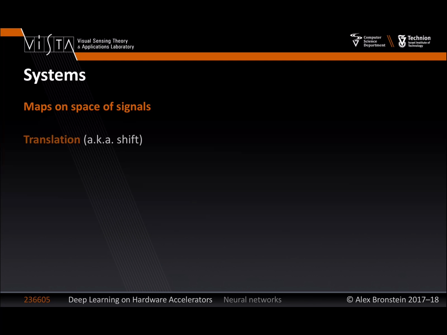Okay. So, for example, a very simple system that I can think about is just a delay or a translation in general. So, a translation I will denote by this operator tau p. p is some fixed vector in Z^d.